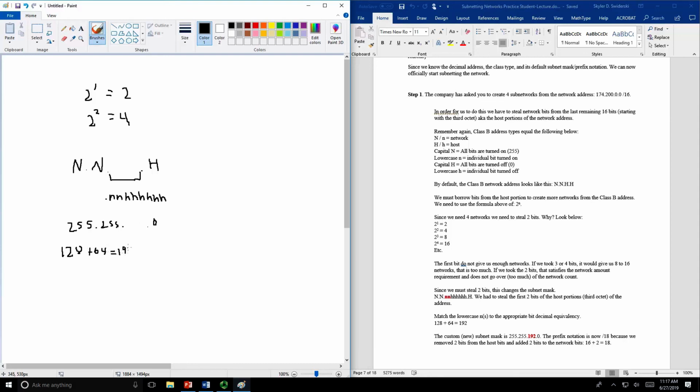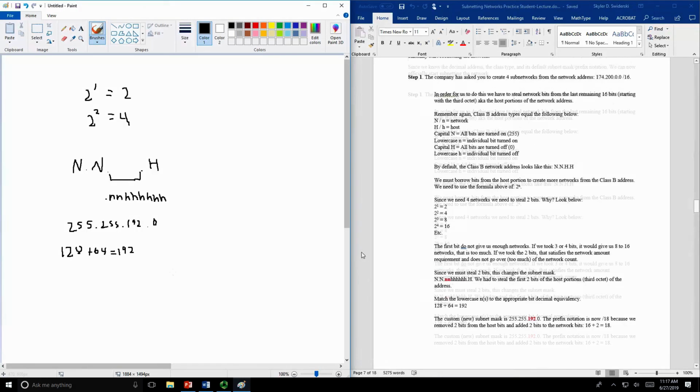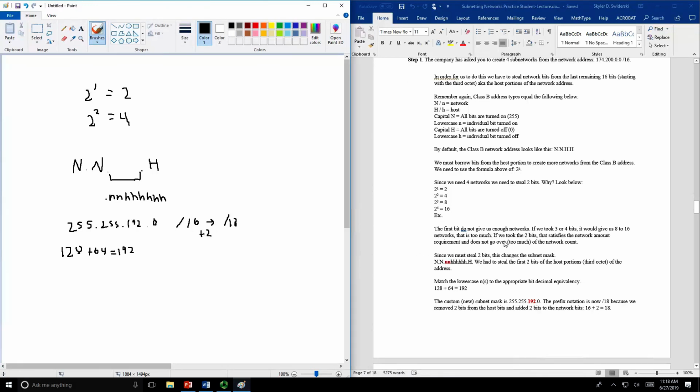So our subnet mask now would be 192 for the 3rd quadrant: 255.255.192.0. And since we took 2 bits, remember, the base one was 16, now it is 18 because we took 2 bits from the host and added them to the network bits.